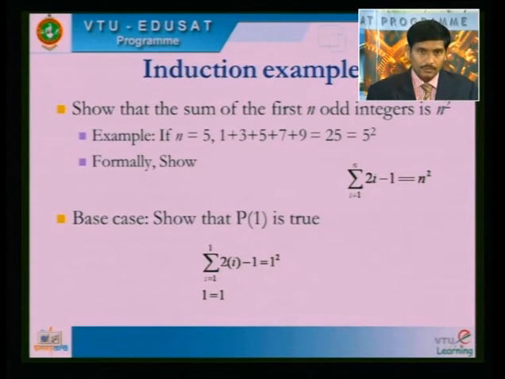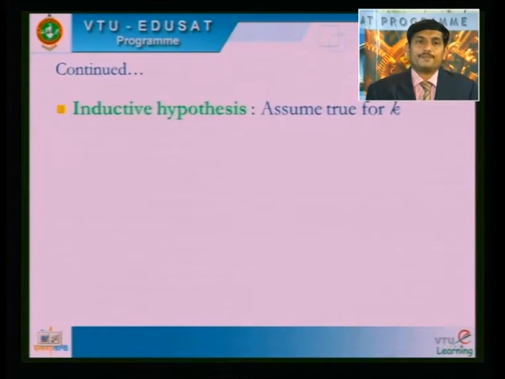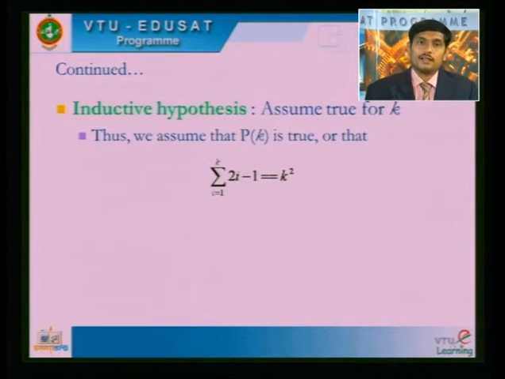Next we show the induction hypothesis. What is the induction hypothesis? Assume that it is true for k, thus we assume that P of k is true, that is, the sum of i running from 1 to k of 2i minus 1 equals k square. What is to be proved here?